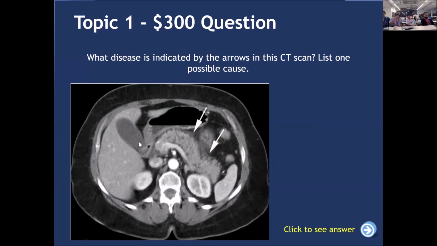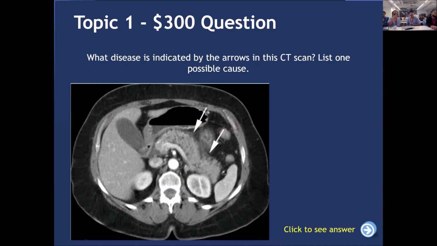Wait, surely that is the pancreas, right? No, that's the brain. Wait, those are the kidneys. Wait, brain or MRI? This is a brain MRI. Wait, this is not even a brain.